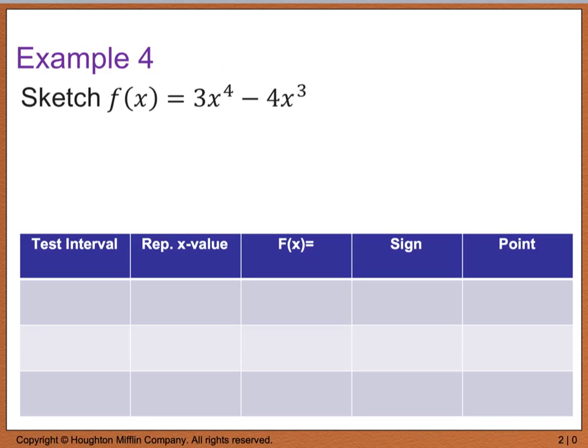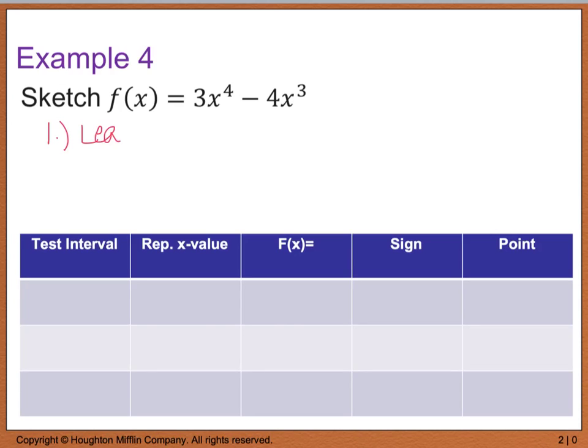For example 4, the first thing we're going to do is use our leading coefficient test. Our leading coefficient test says that my leading coefficient, which is this 3 here, is positive, and I have an even function. So because I have a positive even function, let's just write this down.